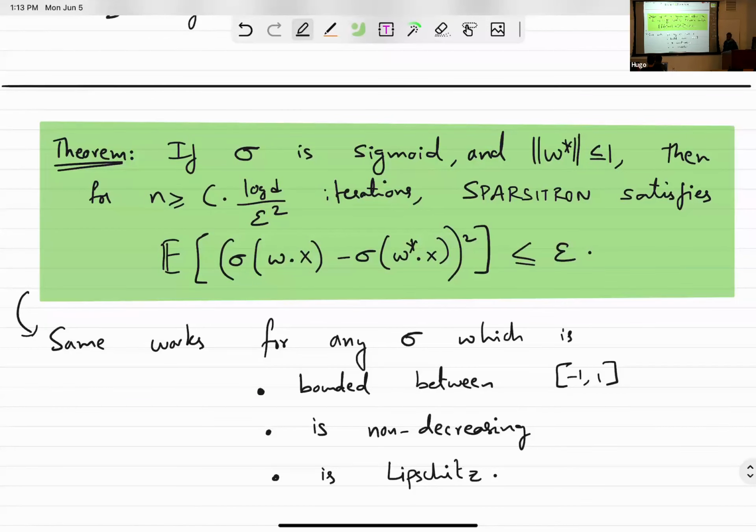And essentially if it's L-Lipschitz, your sample complexity becomes like C times L squared times log. So nothing else really changes.